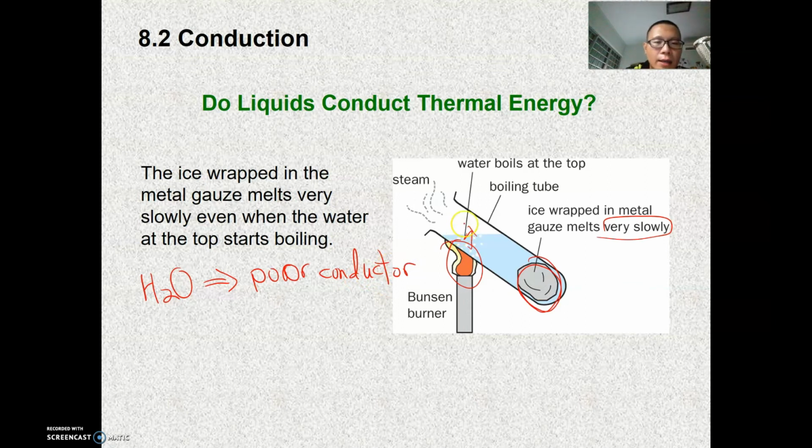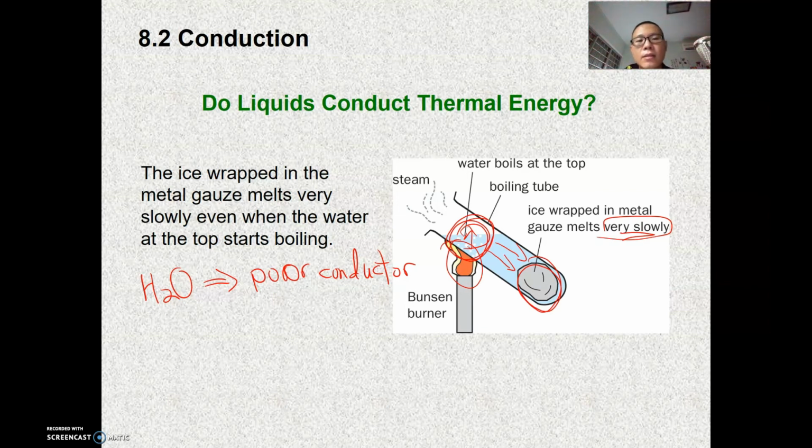Okay, because the top gets heated up, by the time the thermal energy gets conducted down to the ice to melt it, the water at the top, the source, has actually boiled already. So this is a good example to show how slow conduction takes place in liquid.